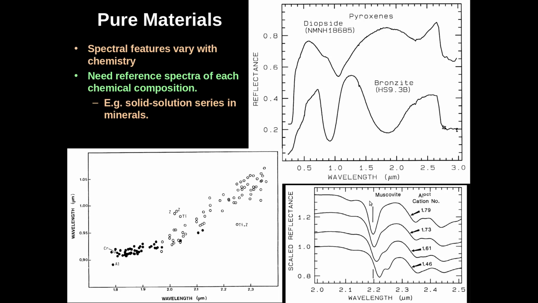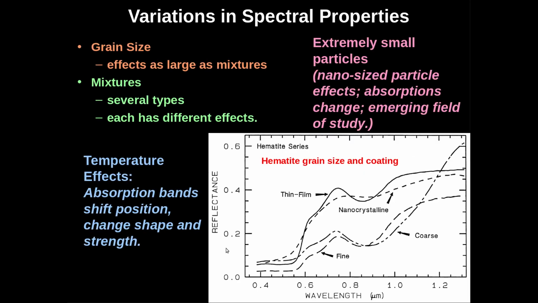And this is a case where we actually discovered this by seeing the problem with how muscovites were mapping in the Cuprite area early in the imaging spectroscopy era, and we saw the band shifts, and now we map the composition of the muscovites quite nicely, and we map the position of the pyroxenes, and we even produce color maps of the pyroxene band position, so you can see the different pyroxene compositions. This can be done for the Moon, Mars, and Earth, where pyroxenes are exposed.